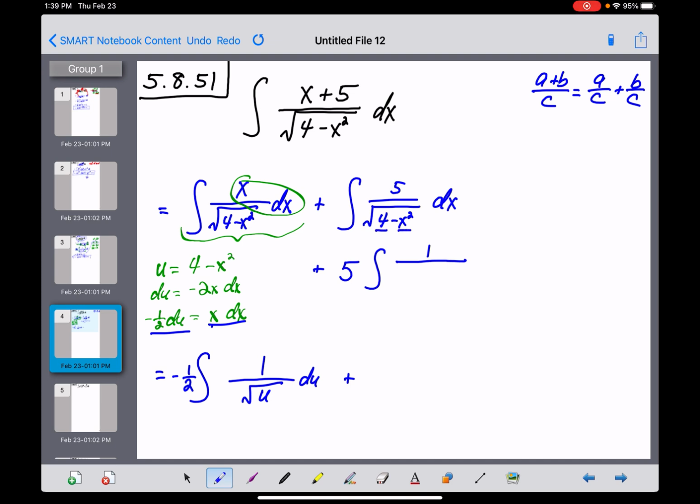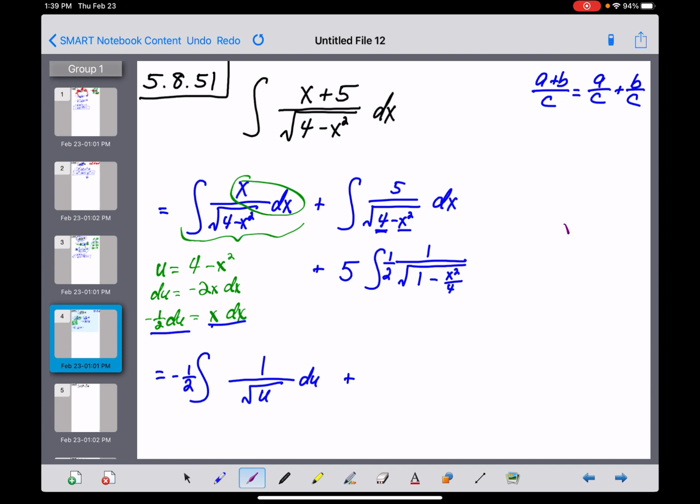I'm going to pull that 4 out with that trick I've done a couple of times before. So pulling a 4 out is going to put a 1/2 right there, that 2 being the square root of the 4 I'm about to pull out, times the square root of 1 minus x squared over 4. Factoring out a 4 turns the 4 into a 1 and the x squared into an x squared over 4. Okay, now where am I going with that?